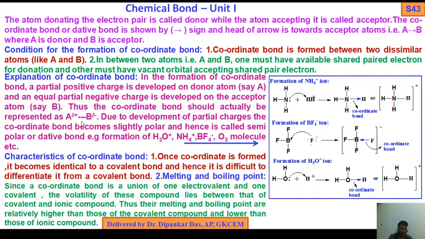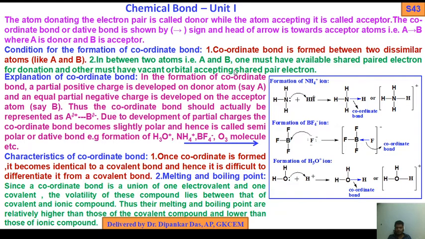So as you know, A gives electron pairs towards the B atom. That's why A possesses partial positive charge, electron deficiency, and B accepts that electron, that is partial negative charge. So due to development of partial charges, this bond becomes slightly polar.